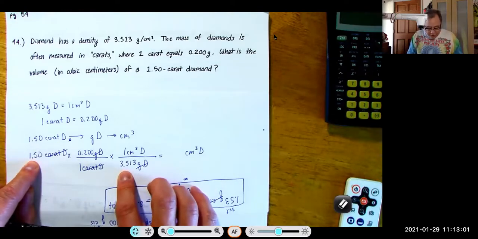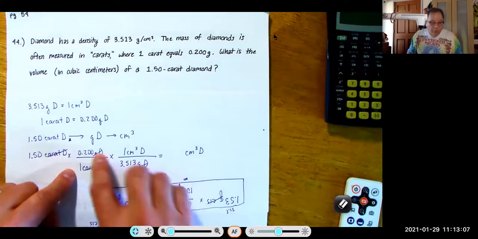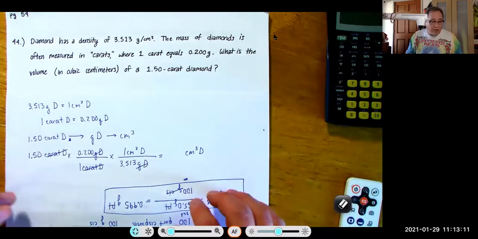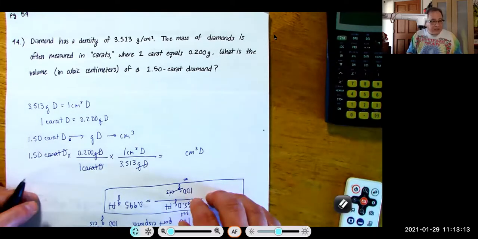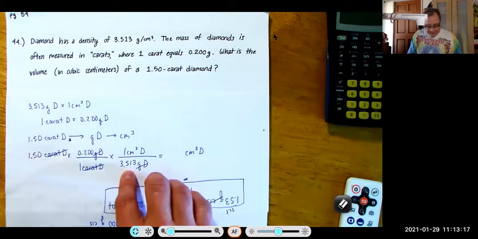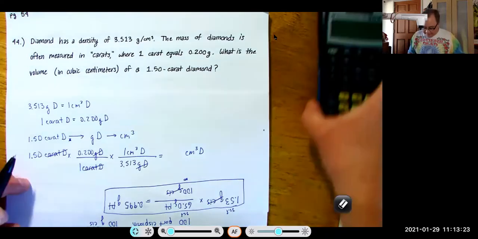So that becomes 1 over 2. 1 over 2 times 0.2 is the same as half of 0.2. So the answer should be around 0.1. It's going to be a little bit less because 1.5 doesn't go into that 2 times. It goes in a little bit more. But we're going to expect an answer around 0.1, maybe 0.09 something, and so forth and so on.